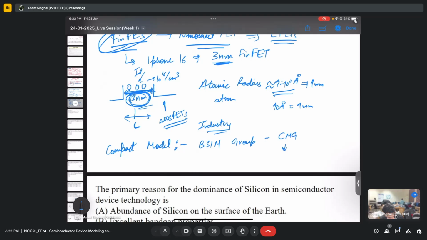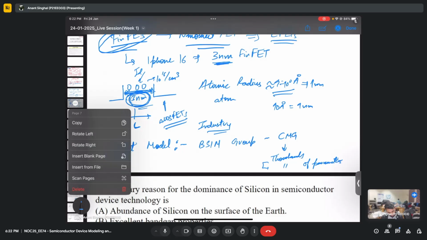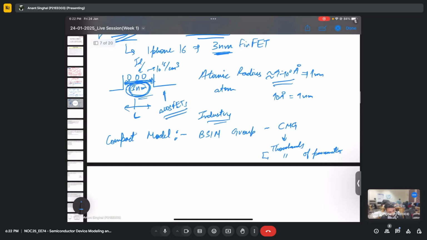It has thousands of lines and in fact thousands of parameters. So it is very tough now to model a certain FinFET or a certain nanosheet. This CMG can model FinFETs and nanosheets, or in short, gate all around devices, GAA FETs.